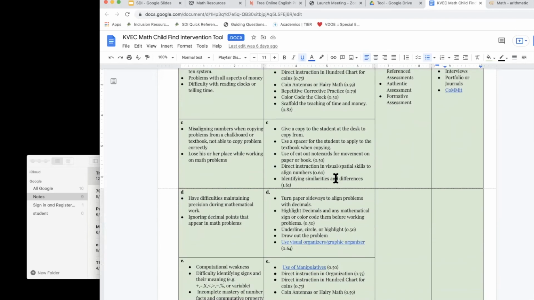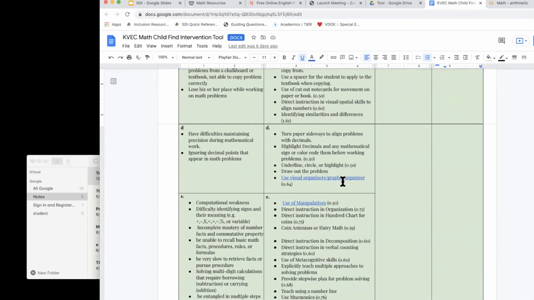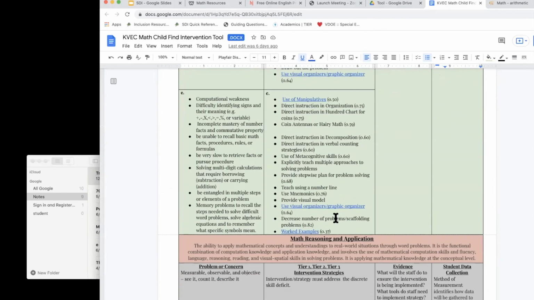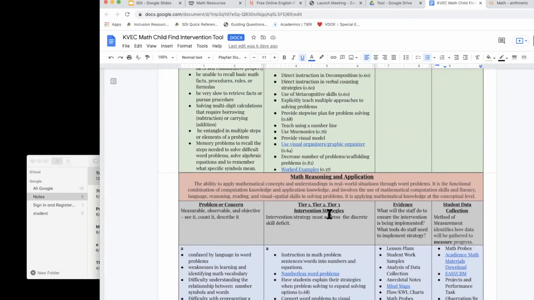And then, of course, if they're having difficulties with precision, one of the things I can do is turn the page sideways. This works great with decimals. This works great with having my students write neater, to line up and organize their thinking. But all these blue things here have some sort of extra thing that you can go to in order to get print-offs or different things.